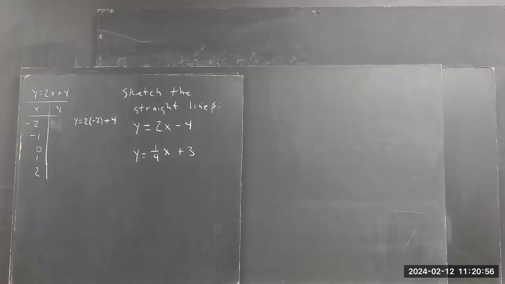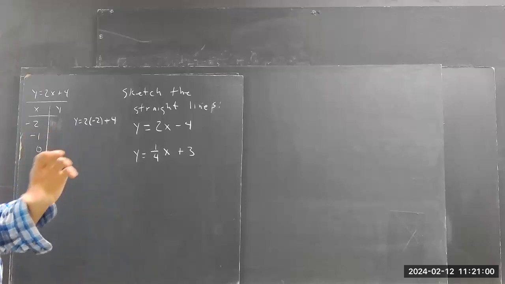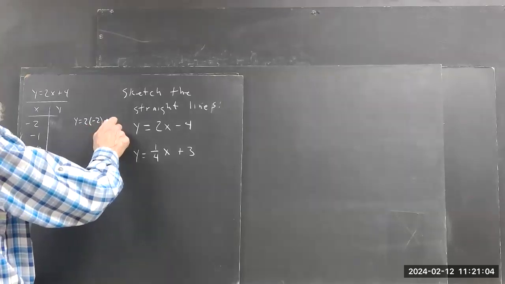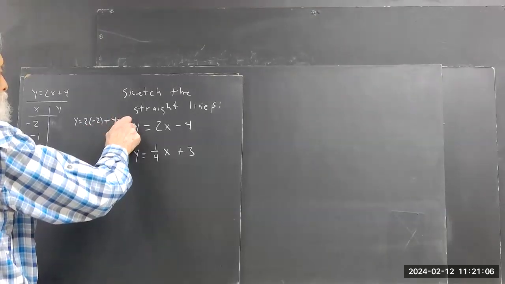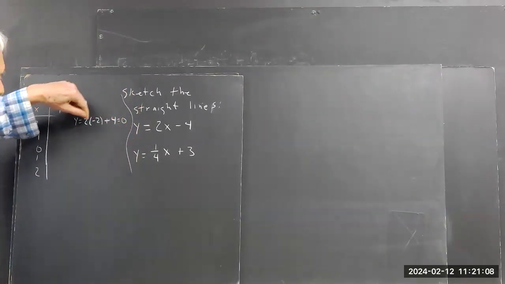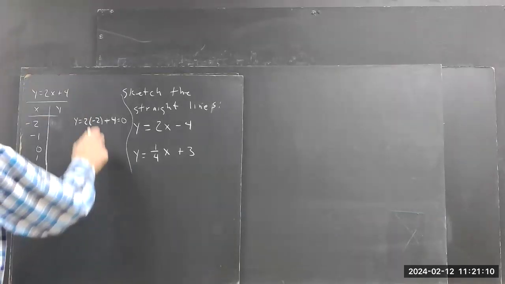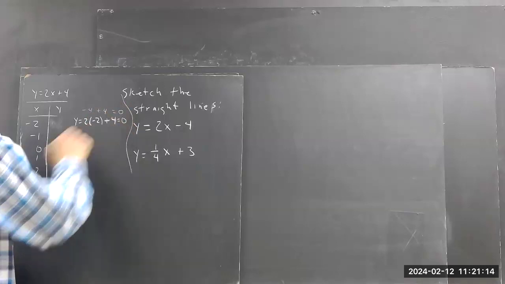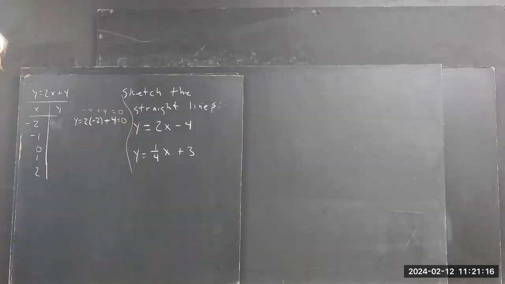I see evidence people used a calculator. You've got to be able to do this simple arithmetic. That equals 0. 2 times -2 is -4, plus 4, we get 0.